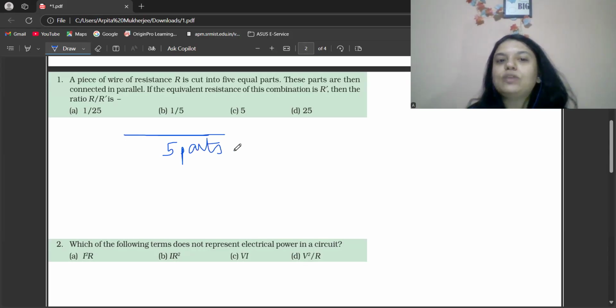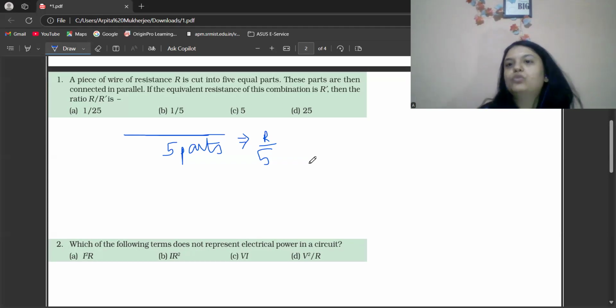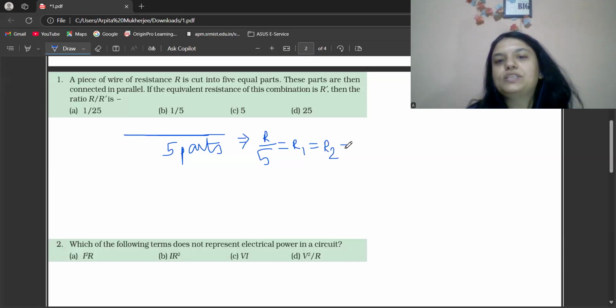Correct? So now each part should have a resistance R by 5, right? If I consider all the resistances R1, R2, R3, R4, R5, all should be R by 5. Let me write it down: R by 5 is equal to R1, equal to R2, equal to R3, equal to R4, equal to R5.